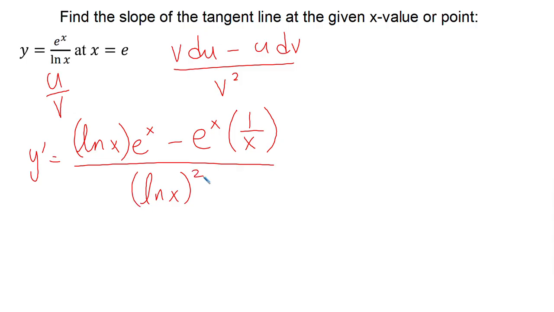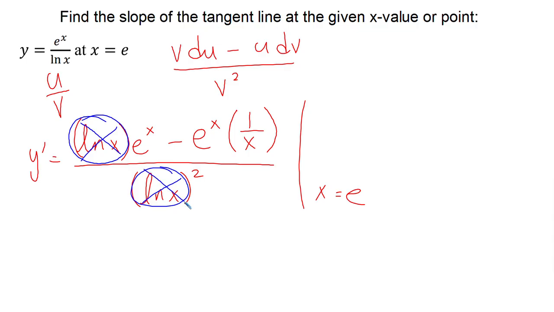And then we'll just need to plug in our x value that was given. So we're going to evaluate this when x equals e. Well, all of these terms that are the natural log of e, the natural log of e is just 1. So I can just ignore that. And this, the natural log of e, is also just 1.